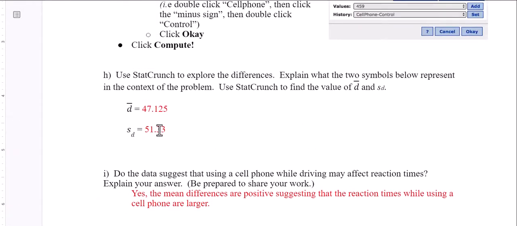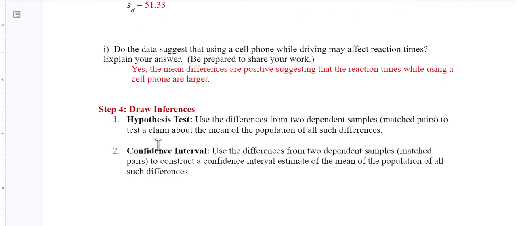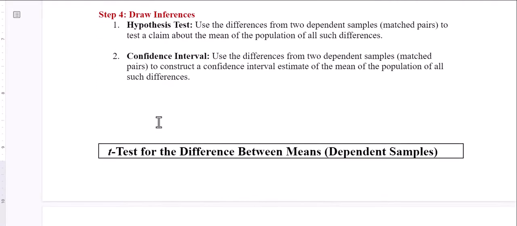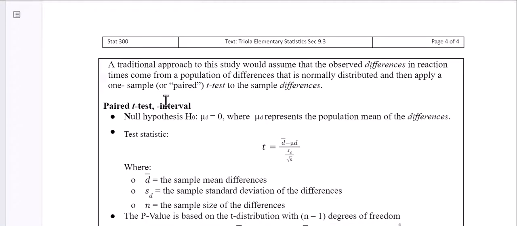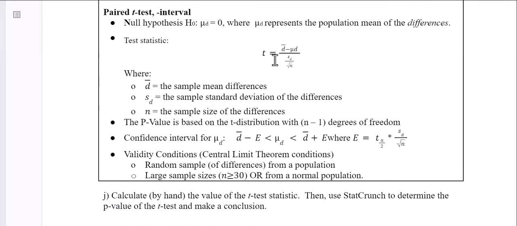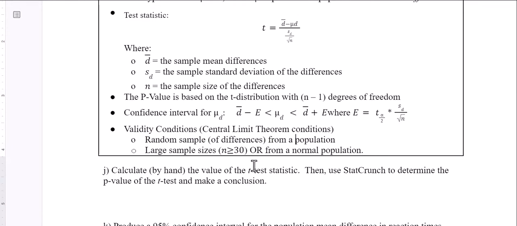But if your sample data didn't support the claim, you wouldn't go on. Hopefully that makes sense. All right, so to do a hypothesis test, we need our test statistic. It also needs to satisfy the conditions of the central limit theorem, which the validity conditions are our samples have to be random or from a population that is normally distributed, or our sample sizes are more than 30.